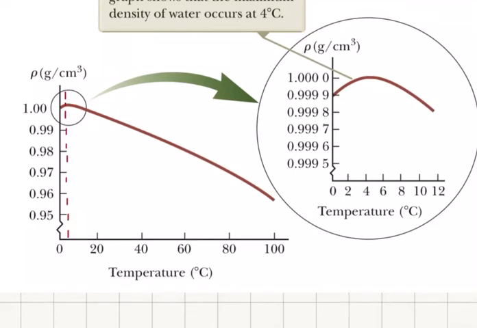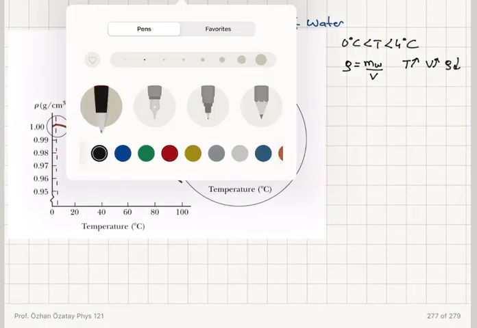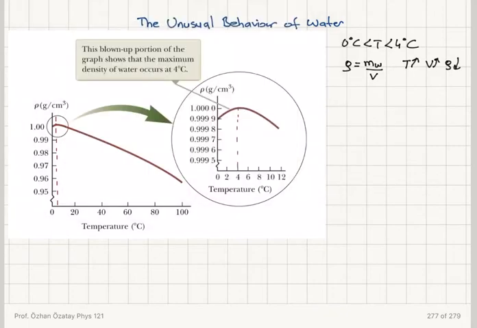and you can see that better here as it's blown up. Between 0 and 4 degrees C, we have an increase in density, which means the volume is decreasing as we warm up the water. All right, so water expands as it cools.